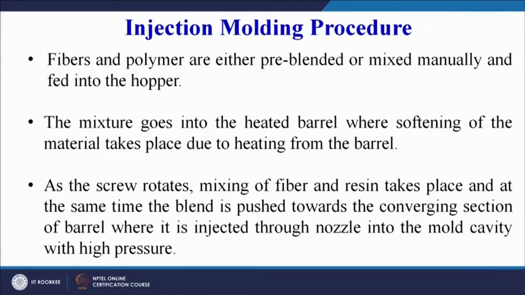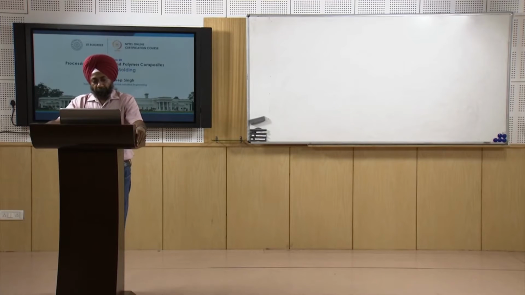We have to buy these pellets and directly put them into the hopper, and then our process will automatically run, and the fibers and polymer will move through the barrel into the mold cavity, and we will get our product. Or, the second point, we can mix the fibers and the polymers in the hopper, and then the fiber and polymer will come from the hopper into the barrel, and then they will be pushed forward. Because of the heat, the polymer will melt and it will be pushed forward into the mold cavity. So that is another thing.